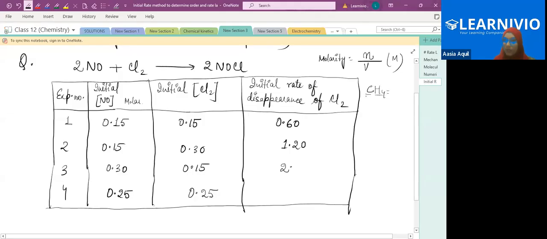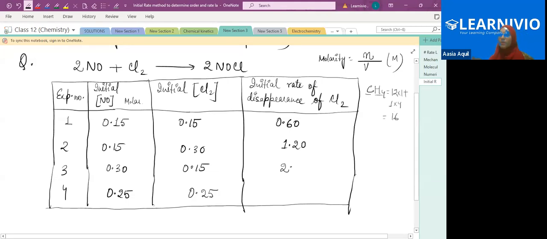Suppose the atomic mass of carbon is 12, and only one carbon is there. So 12 plus the atomic mass of hydrogen, which is 1, into 4. So 12 plus 4, basically 16 grams per mole. This is the molar mass. Molarity is a number of moles, and the number of moles is dependent on the molar mass.